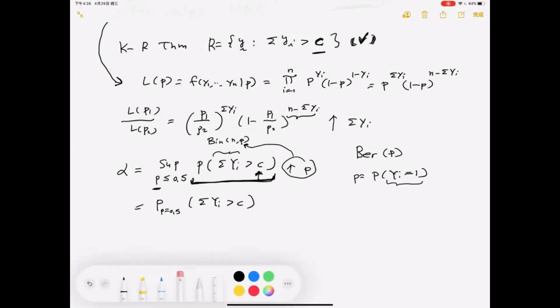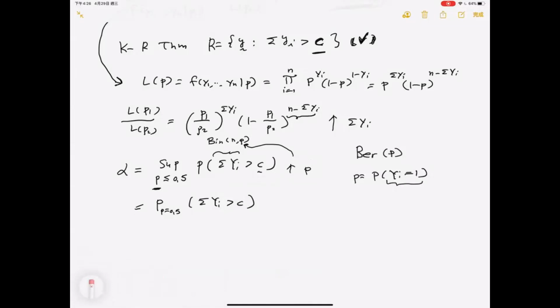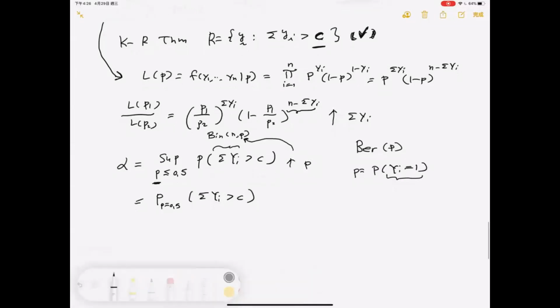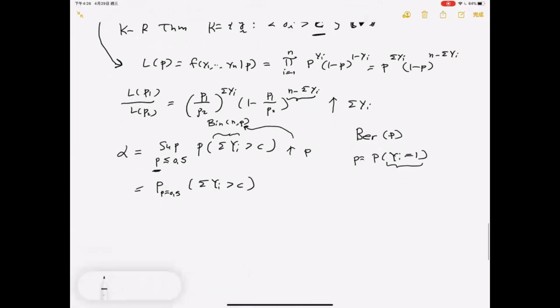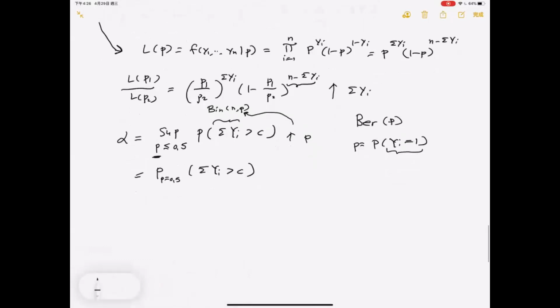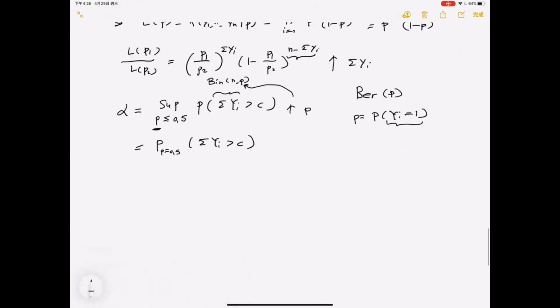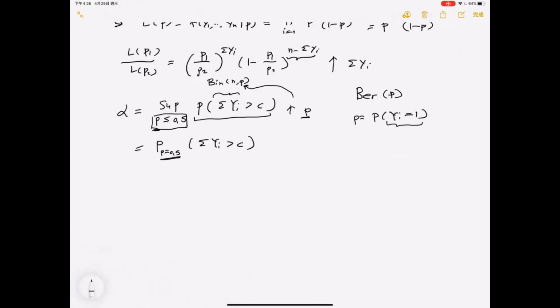That's a general explanation of why the probability is an increasing function of p. So when p is smaller than 0.5 under the null space, because this is an increasing function of p, the maximum happens on the boundary, p equals 0.5.